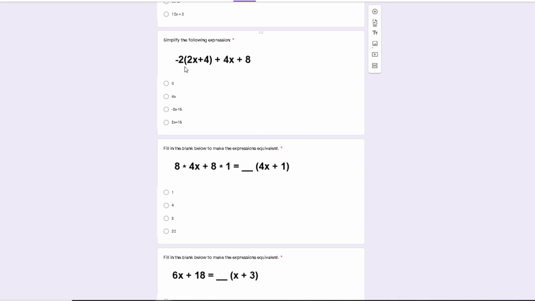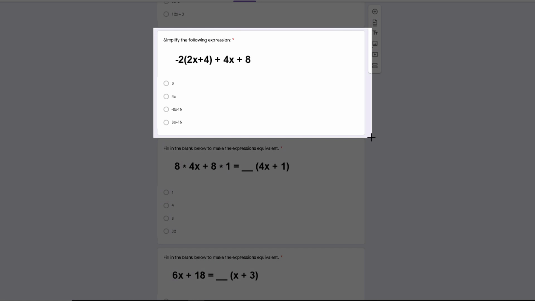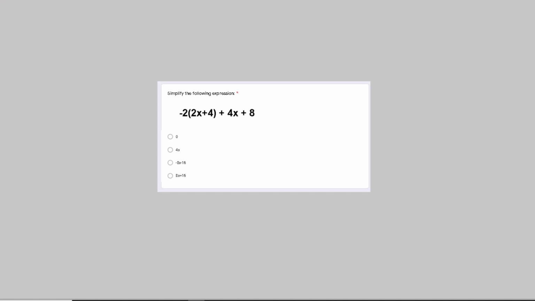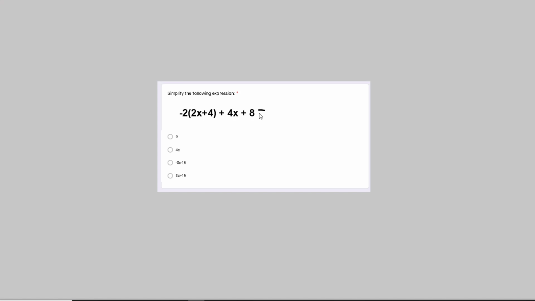Alright, so now this one's a little more challenging. But it's the same steps. Negative 2 times 2x, negative 2 times 4. So this is going to give us negative 2 times 2x will be negative 4x.